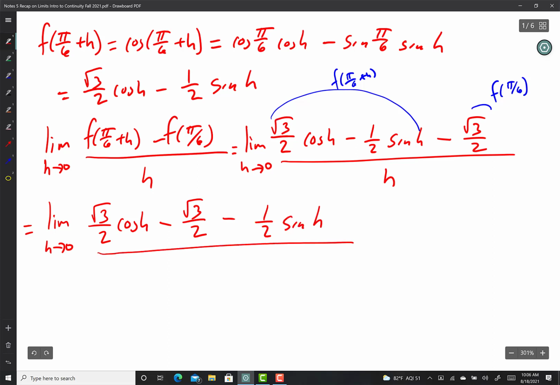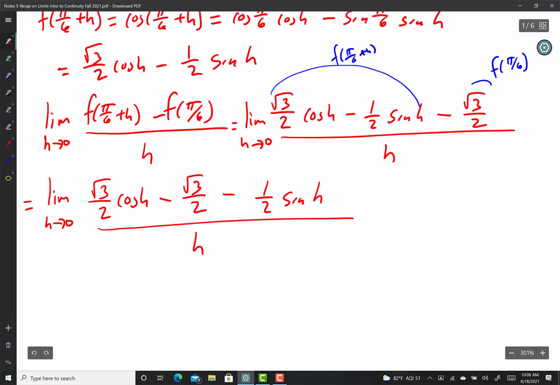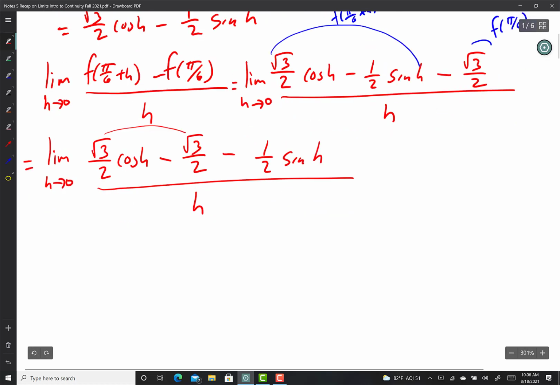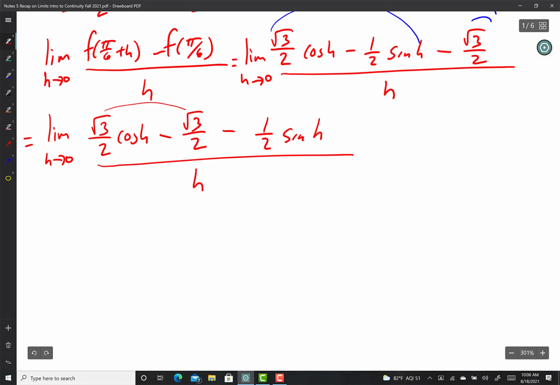All I did was put it in the middle instead of moving it to the other side of an equal sign or something. Are we still okay? Okay. So now I'm going to group these two. So what am I going to do? Like this. Don't worry, I'm going to go slow, guys. Limit as h approaches 0. And I'm going to do a giant parenthesis.